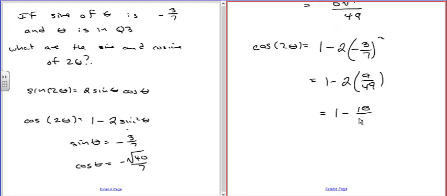So you get 18 over 49. 1 is 49 over 49. And 49 minus 18 is 31 over 49. So they're both positive. Both the sine of 2 theta and the cosine of 2 theta are positive.